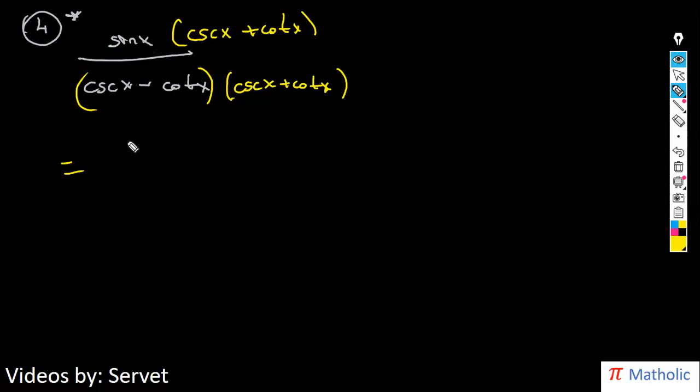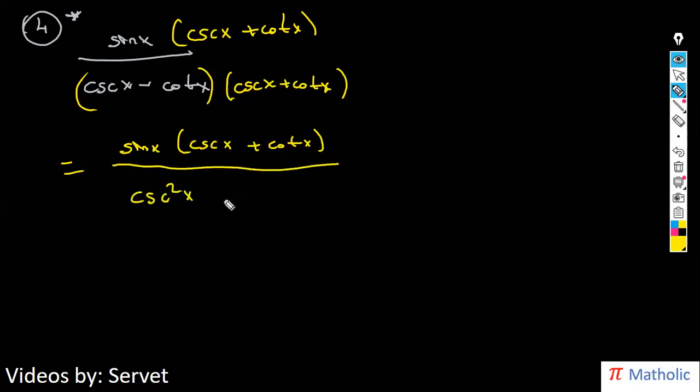So up you have sine x times cosecant x plus cotangent x over cosecant squared minus cotangent squared.